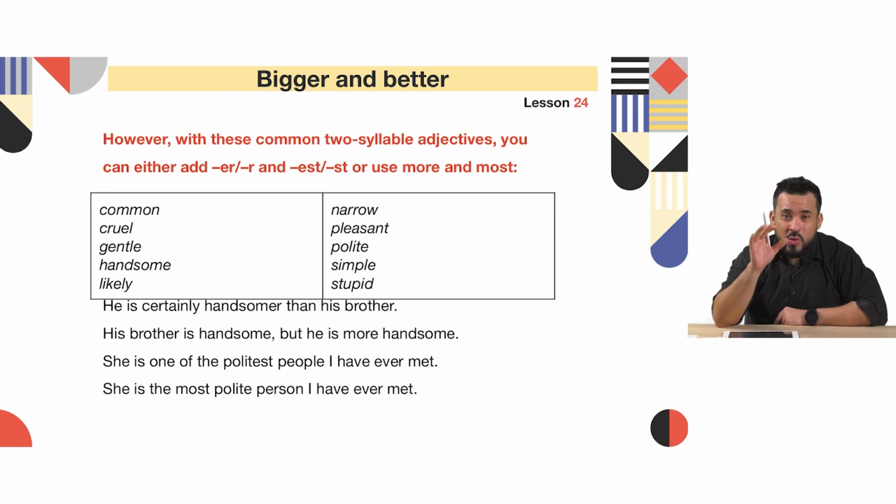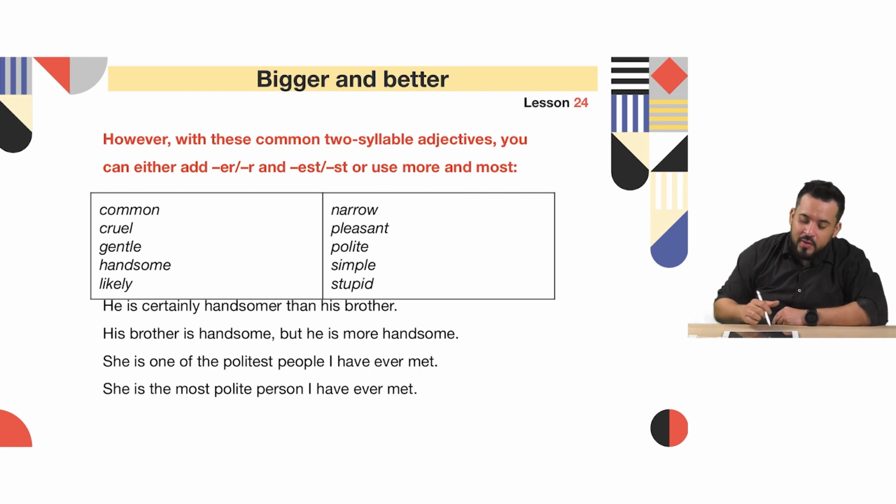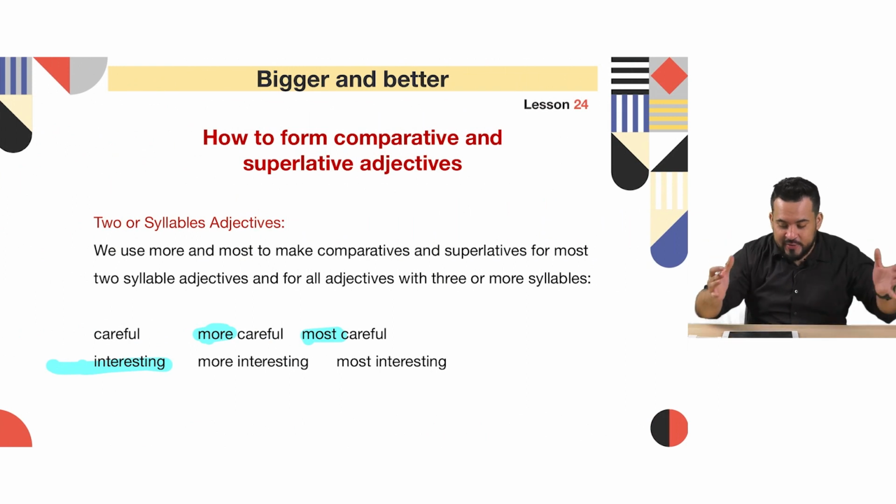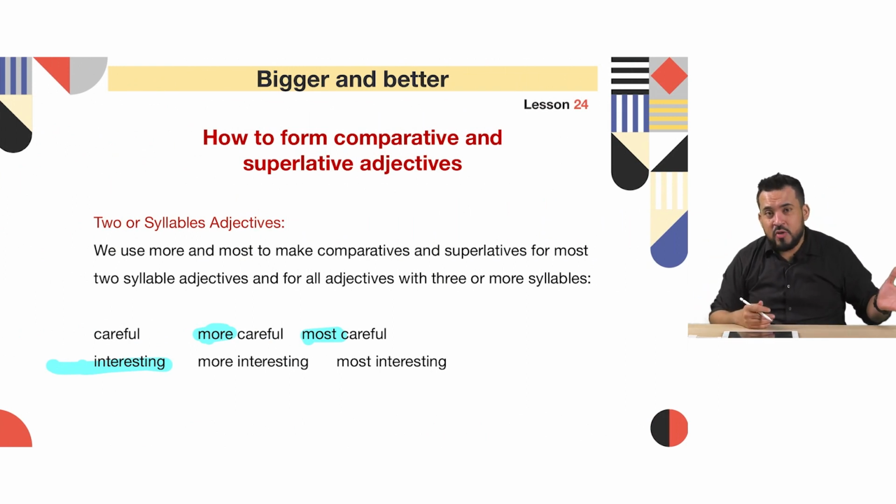Okay, so with that in mind, there are still some exceptions. In English, there are always exceptions. We don't give you a rule and expect you to just follow it. We always must mess with you a little. And this is how English is. So we said that if it's more than one syllable, we use more or most.